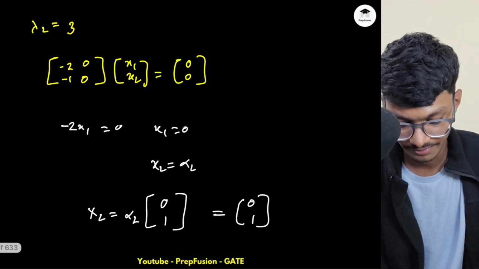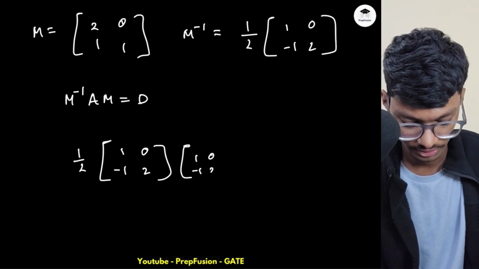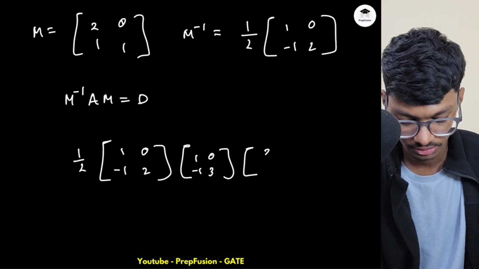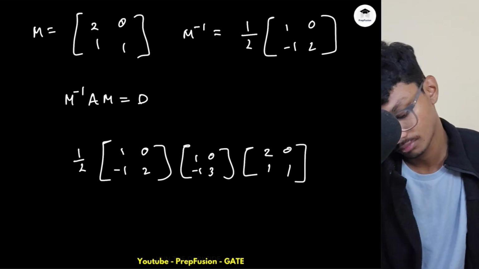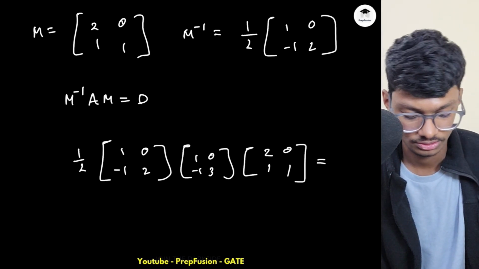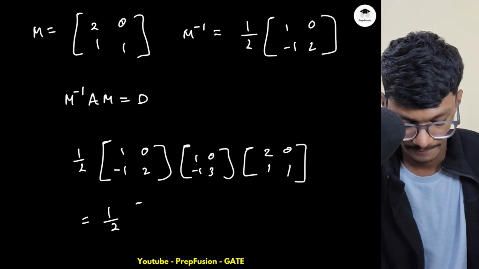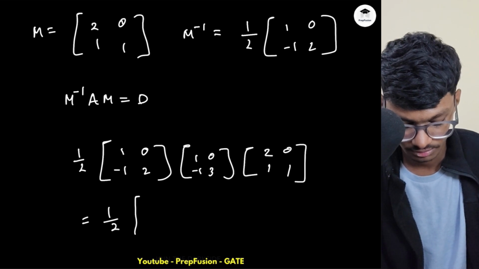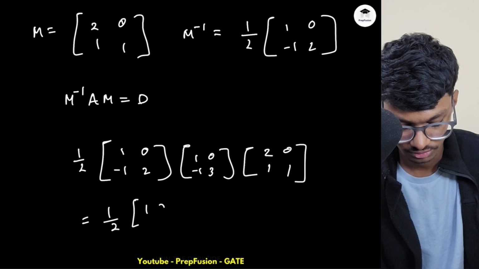So my A matrix is [1 0; minus 1 3] and my M is [2 0; 1 1], and this will be multiplied out. Simply 1 0, and this is 0, 0, this is minus 1, minus 2, minus 3, this is minus 1, this is 6.